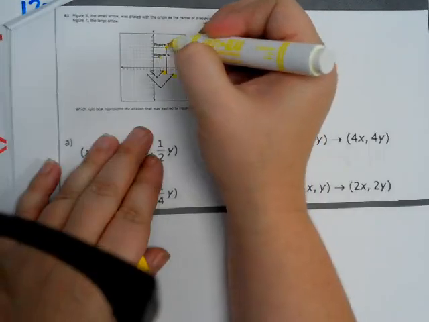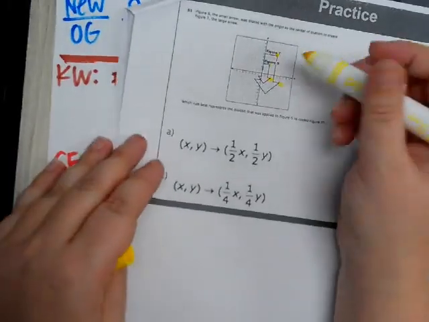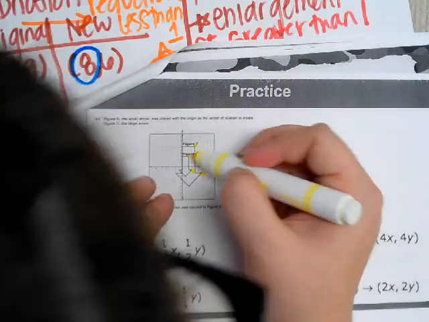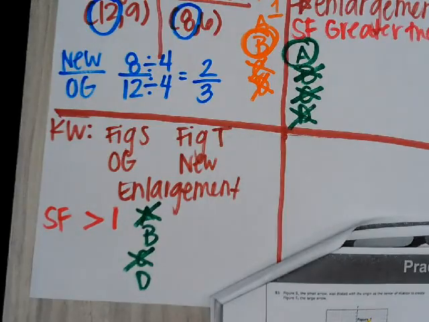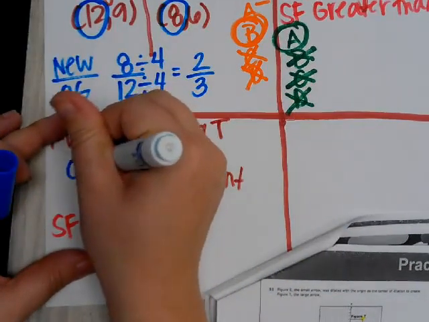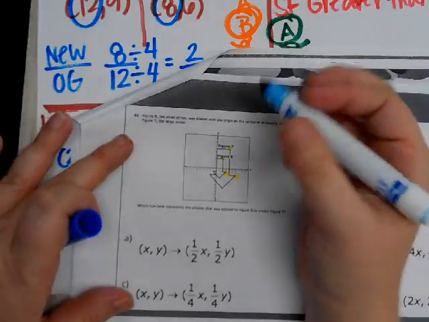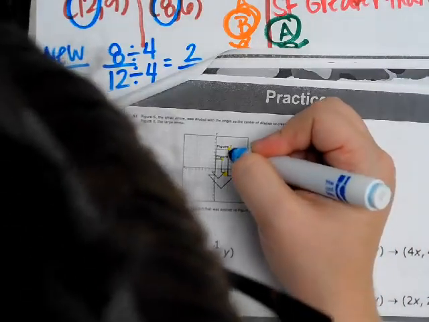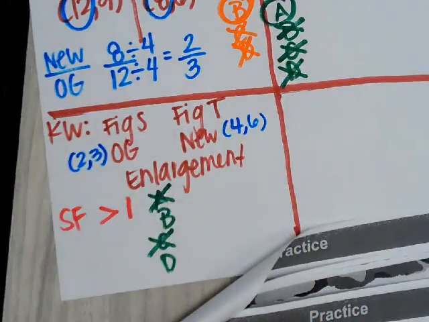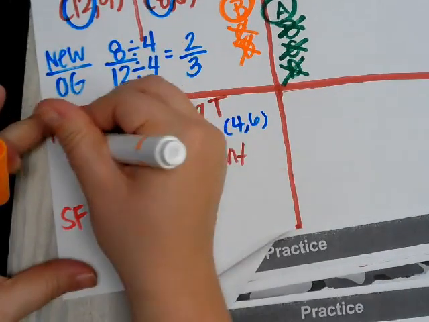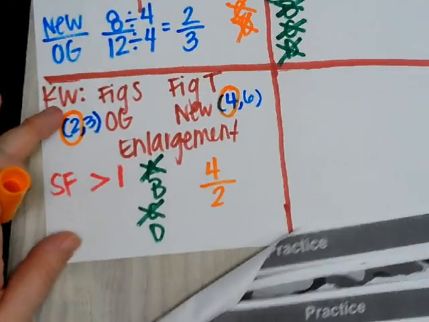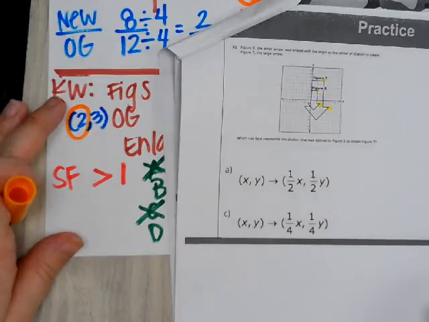Okay, so figure S, that's 2, 3. Figure T, that's 4, 6. Okay, let's use just 1 point. So we have new over original. 4 divided by 2 is 2. So my answer is D.